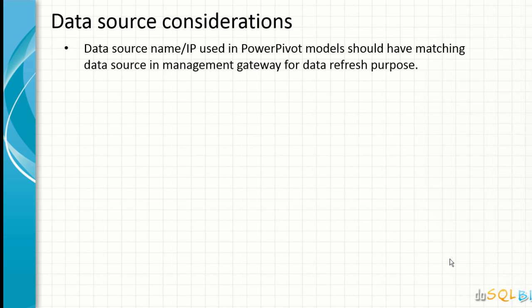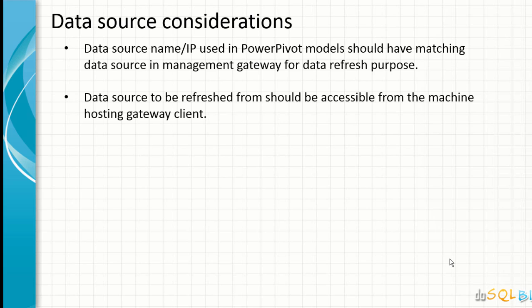The data source name or the IP address that has been used in the data model should have a matching data source in the data management gateway for a successful refresh. The data source that we want to refresh using data management gateway, that source should be accessible from the machine on which the data management gateway client is hosted on the on-premises network.